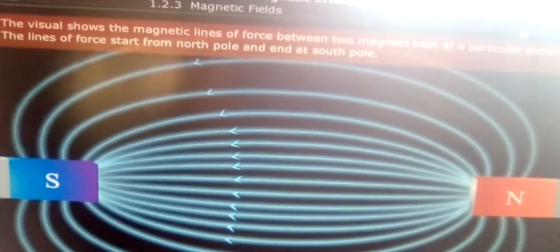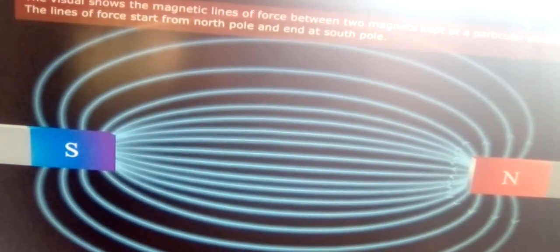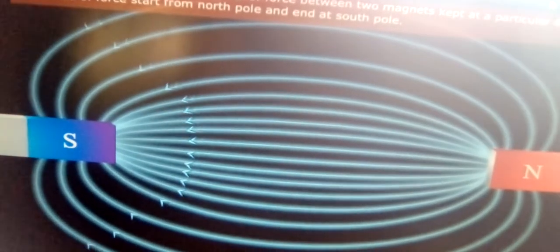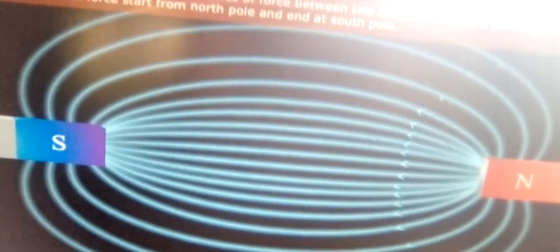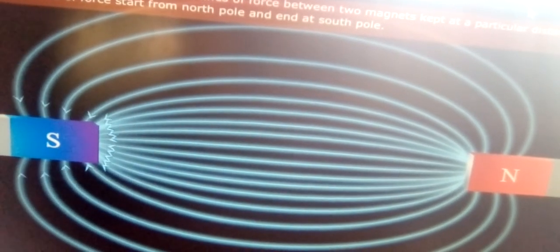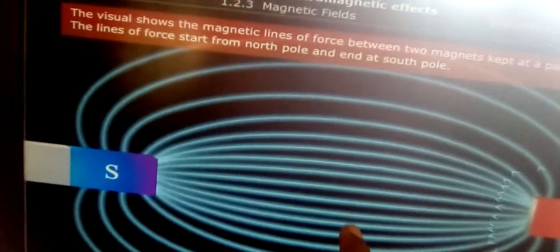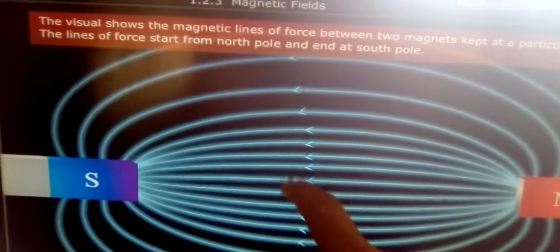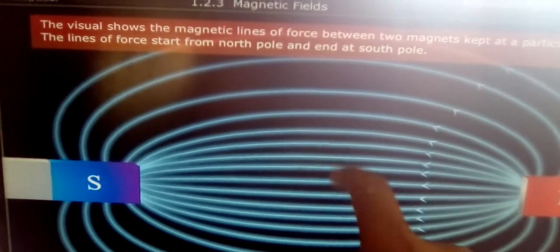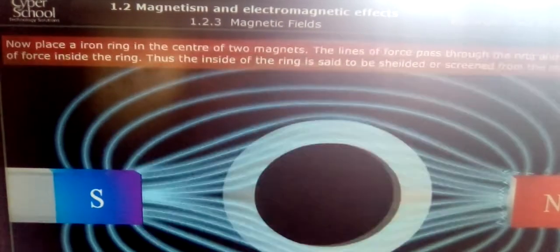Okay, we are going to talk about magnetic shielding. If you look at this magnet, the fields run from north and end at the south. Shielding means that you prevent these fields from reaching the south. In case we place what we call a magnetic material, a ferromagnetic material, around here, it will concentrate the fields to itself like that.